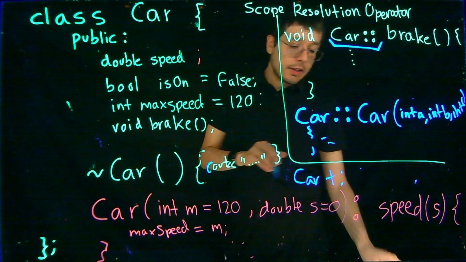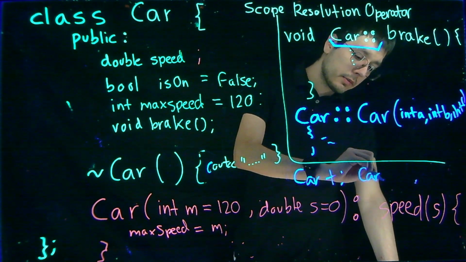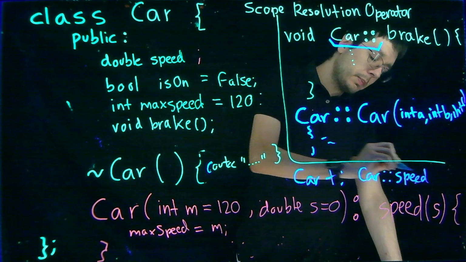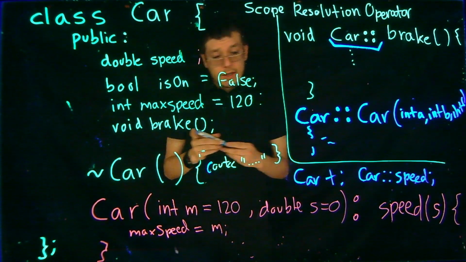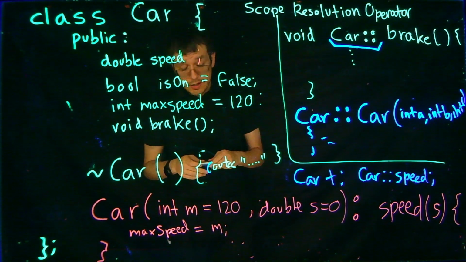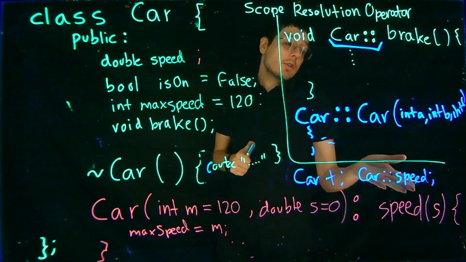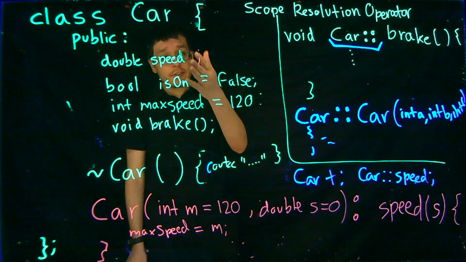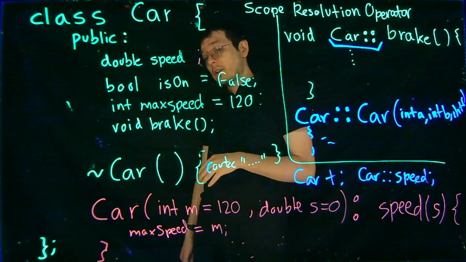If you do something like this and say car colon colon speed, technically speaking, this is not wrong in the sense that you're referring to the speed variable inside of the class car, and there does exist a speed variable inside of the class car.